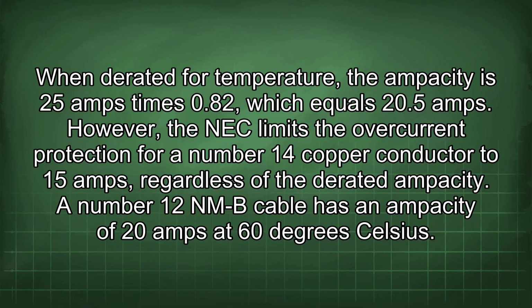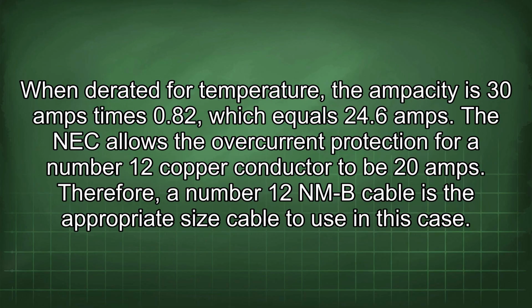A number 12 NMB cable has an ampacity of 20 amps at 60 degrees Celsius. When derated for temperature, the ampacity is 30 amps times 0.82, which equals 24.6 amps. The NEC allows the overcurrent protection for a number 12 copper conductor to be 20 amps. Therefore, a number 12 NMB cable is the appropriate size cable to use in this case.